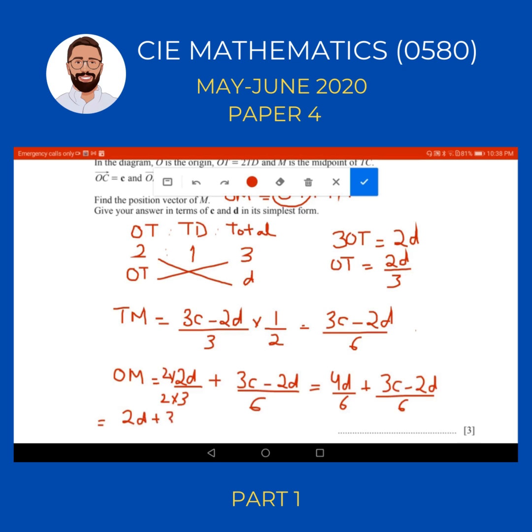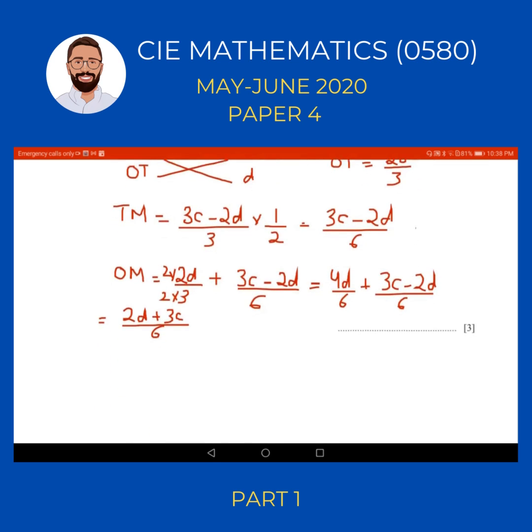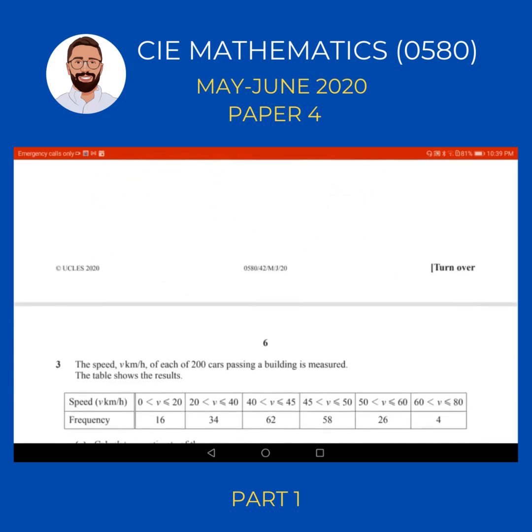And I have plus 3C over 6. Now this is equal to D over 3 plus C over 2. So that's the vector OM. Great.